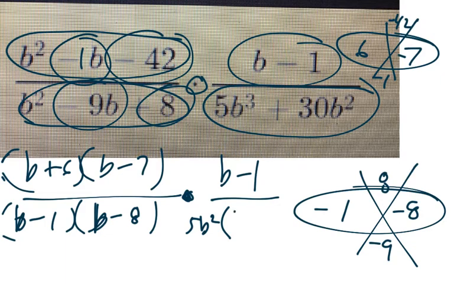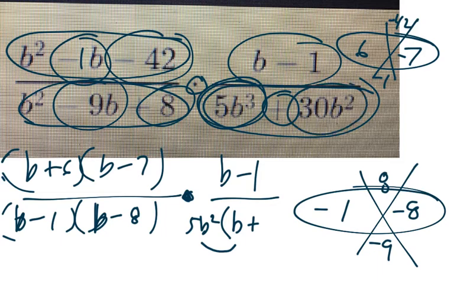So I know that b times 5b squared is 5b cubed. I have a plus. Watch your signs. And this I can get if I do 6 times 5b squared. Now let's see what happens. B plus 6 divided by b plus 6 is 1.